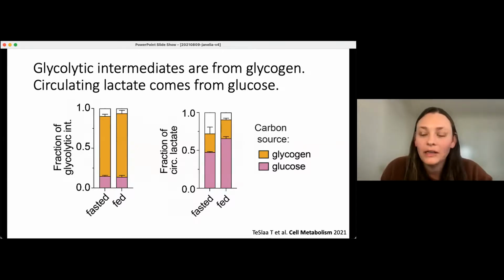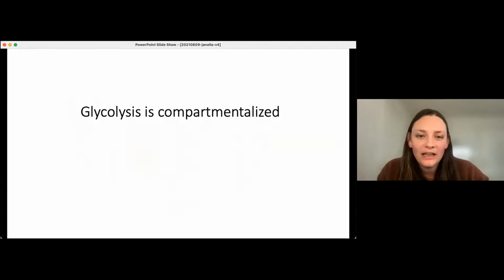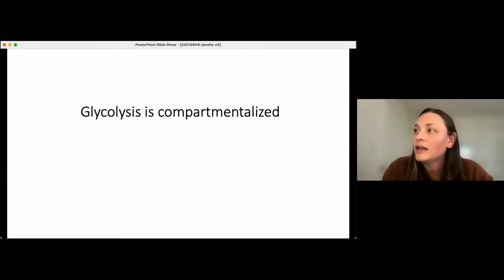So what's happening? Well, what we think is happening is that glycolysis is compartmentalized. One place we know that it's compartmentalized is in these muscles that I talked about earlier. However, based on AV data that I don't have time to discuss today, we don't think this is responsible for all of the glycolytic flux in the body.